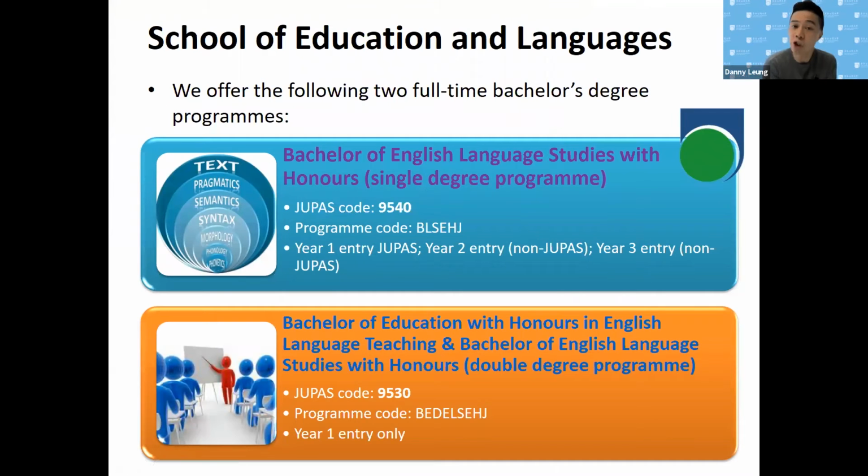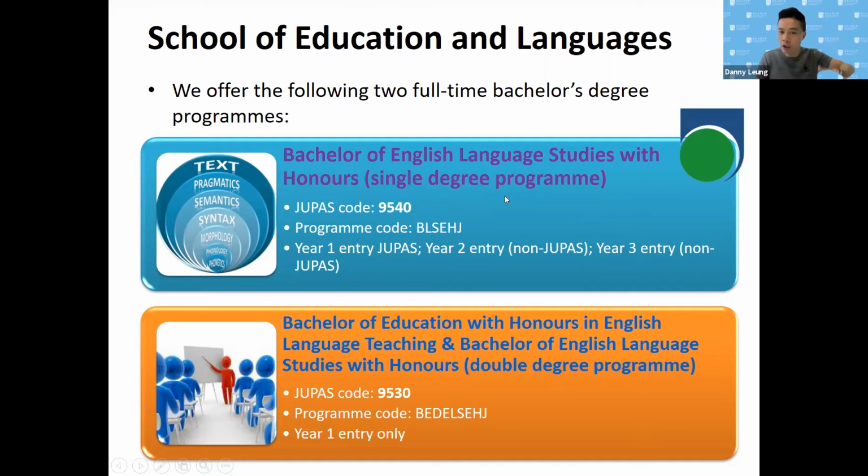These are the two programs that you might be interested in, and that's why you've registered for this session. We're going to talk about these two full-time bachelor's degree programs. One is the Bachelor of English Language Studies with honors. Because the long form is tricky, we always call it the English single degree.